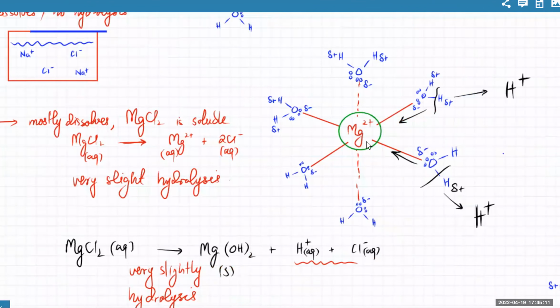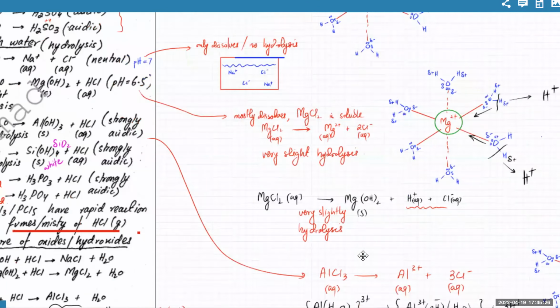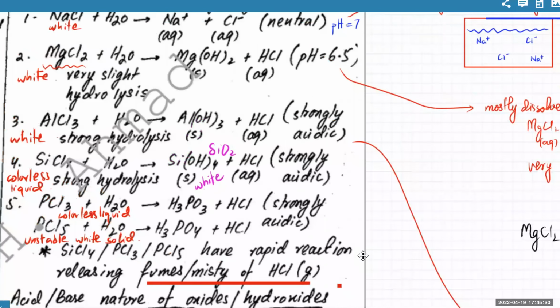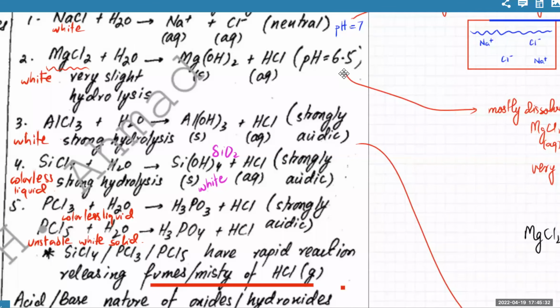So it attracts the water molecules very strongly when you mix it in water, and repels the H in the water, and the H+ ions get knocked out. So that results in the formation of HCl or H+ ions in the solution. So MgCl2 has very, very slight hydrolysis, and the pH is approximately 6.5, very close to 7.